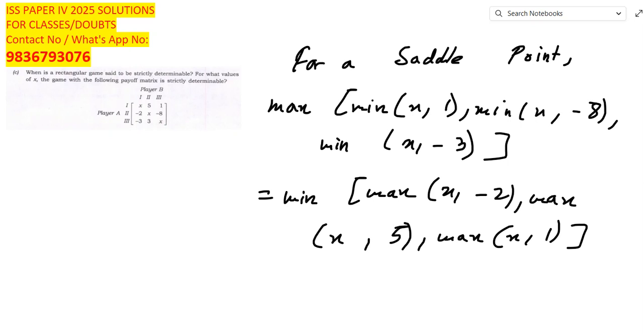So if we analyze each case, there will be 4 cases for the same.